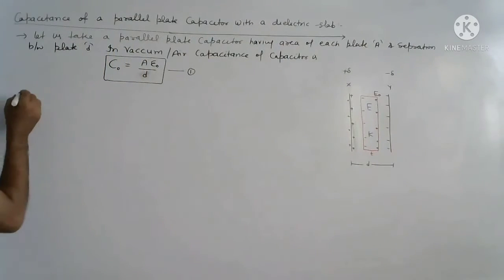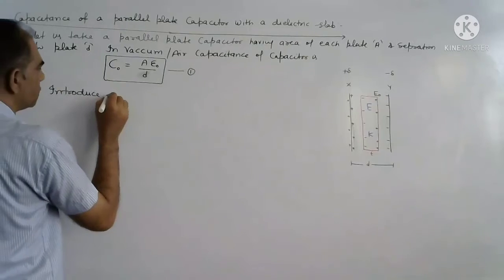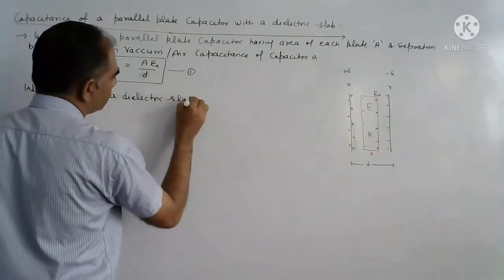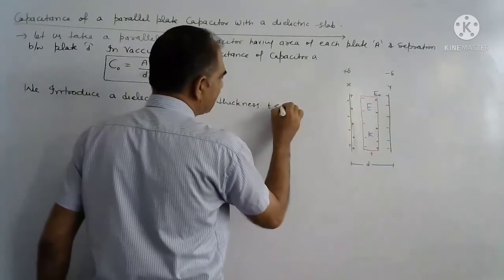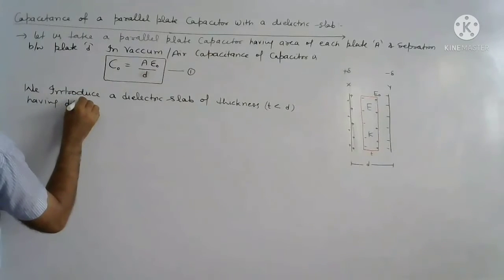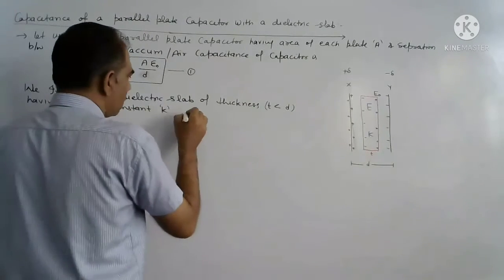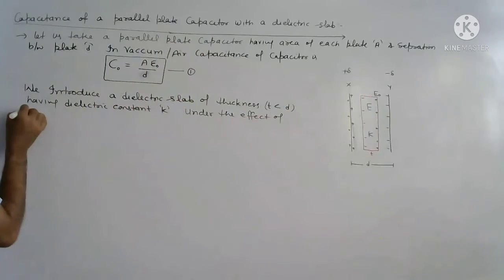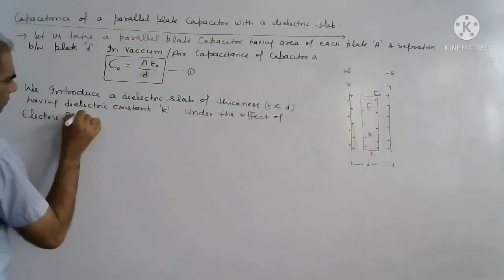Here we write: we introduce a dielectric slab of thickness t less than d, having dielectric constant K, under the effect of electric field E naught.